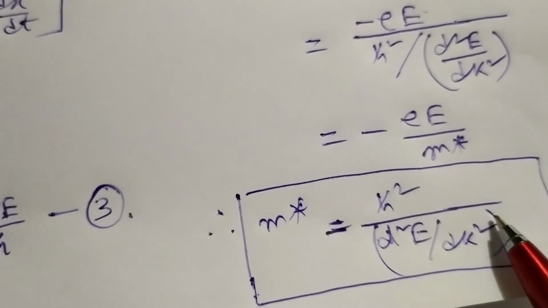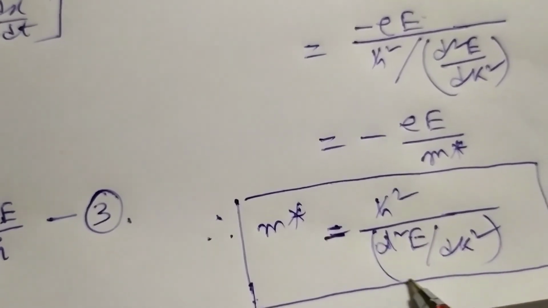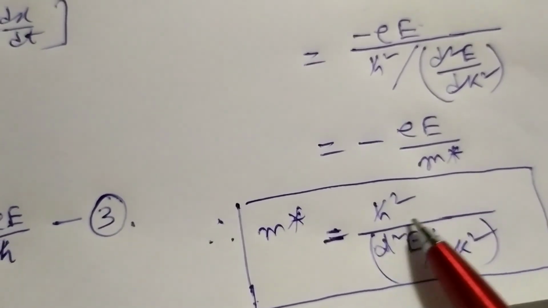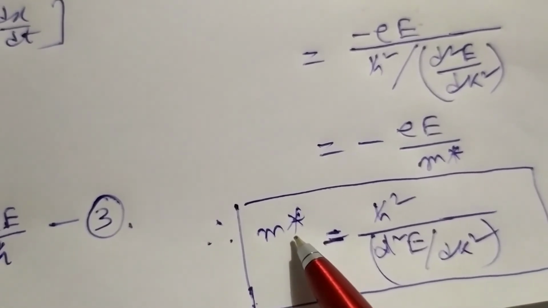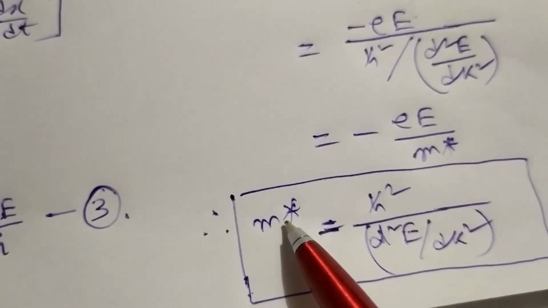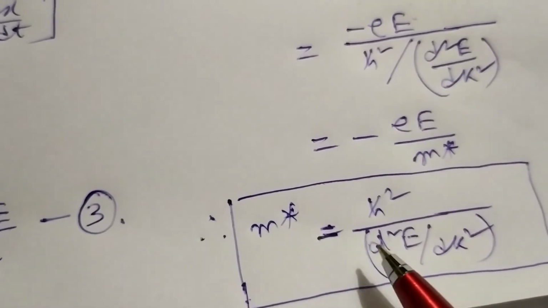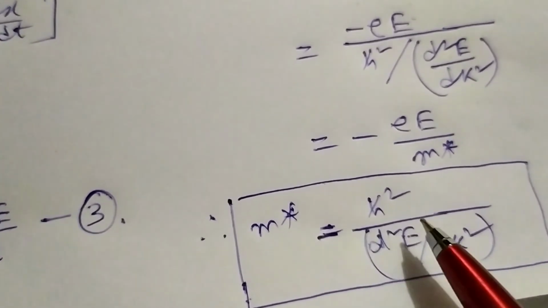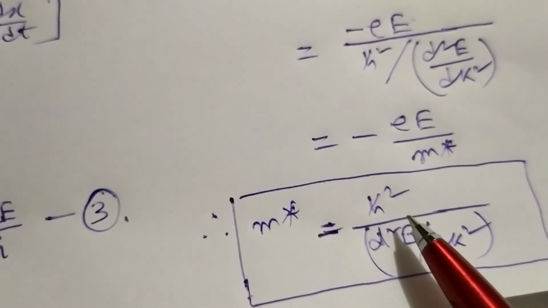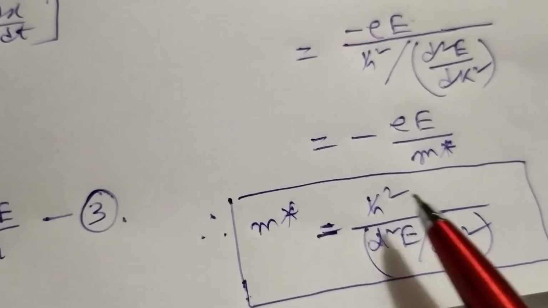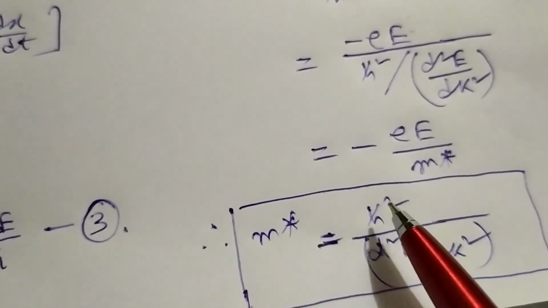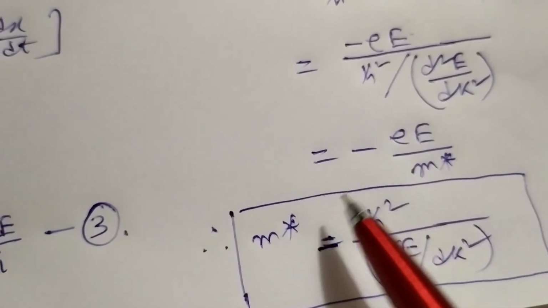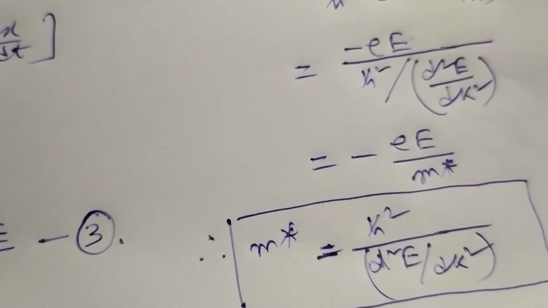Finding the values of d2E/dk2, we will see somewhere this is positive and somewhere it is negative, and that's why in some cases m star becomes positive and in some cases m star becomes negative when an electron is confined in a crystal lattice according to band theory.